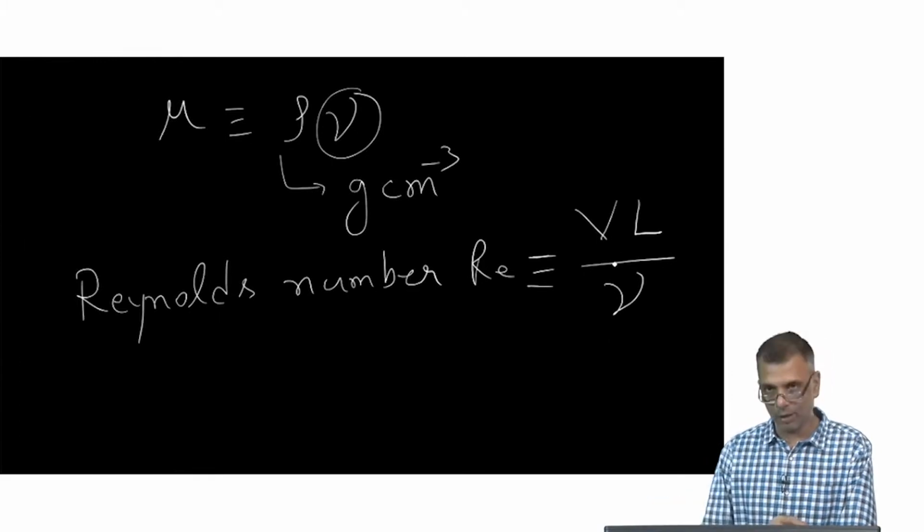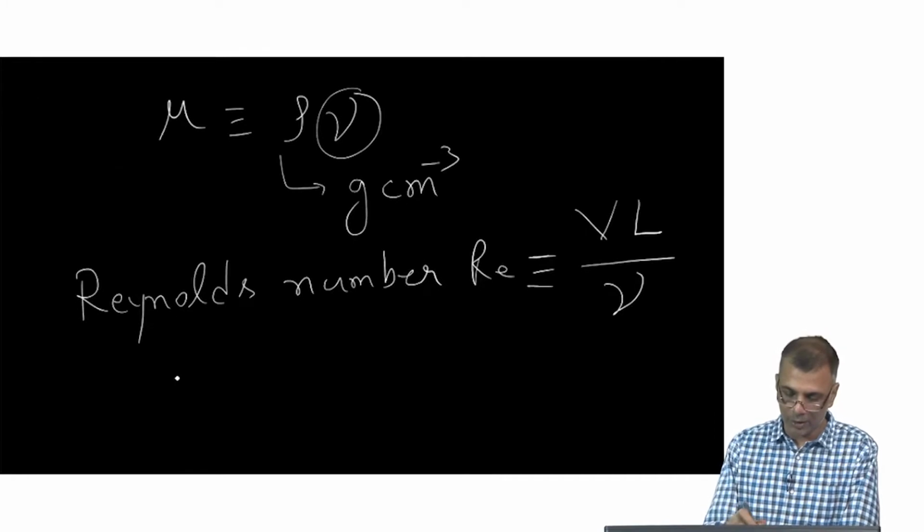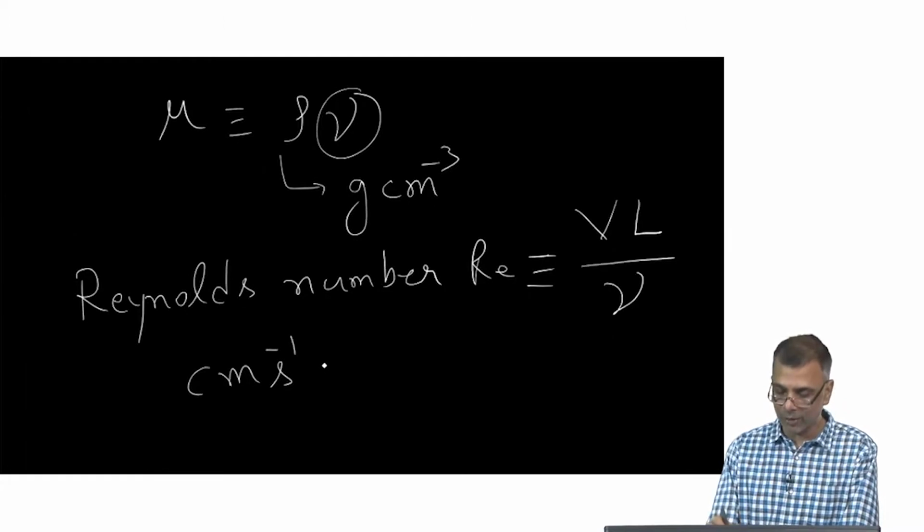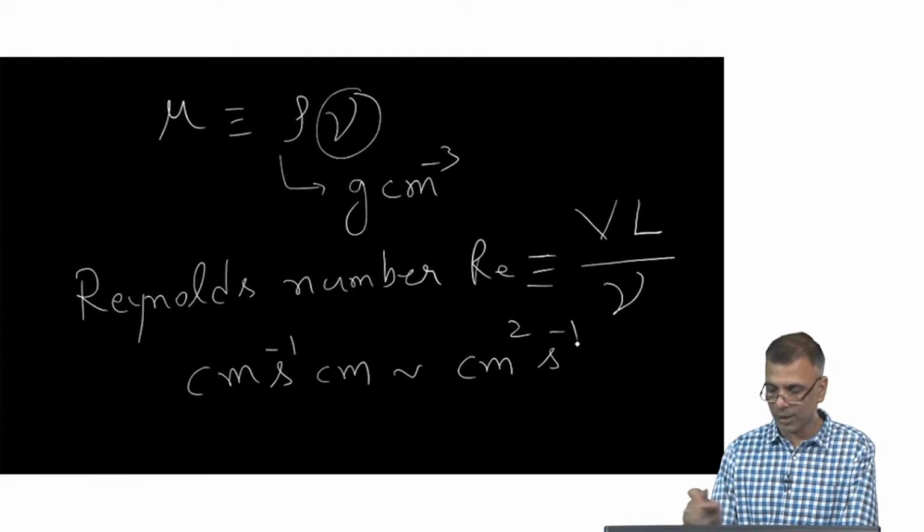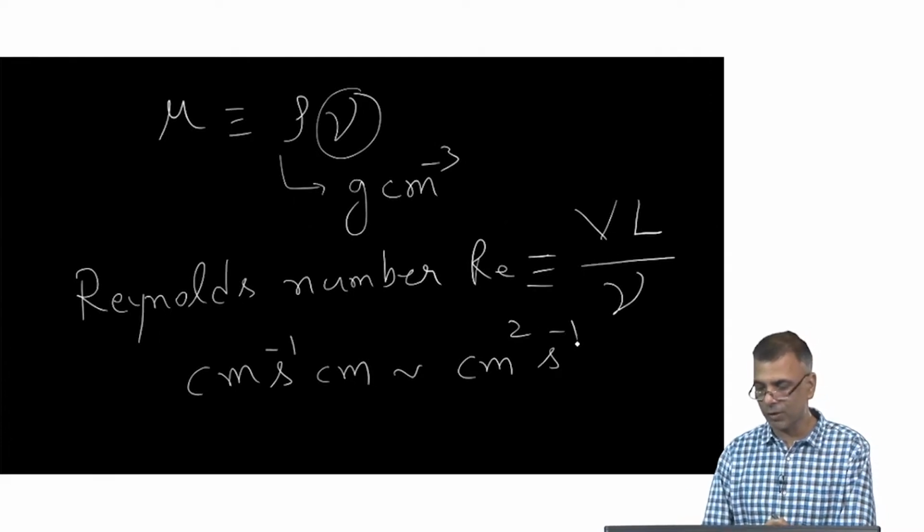From this we can immediately figure out the dimensions of nu. They have to be the dimensions of v, centimeter per second, times the dimensions of length, centimeter. In other words, centimeter squared per second. Those are the dimensions of nu.